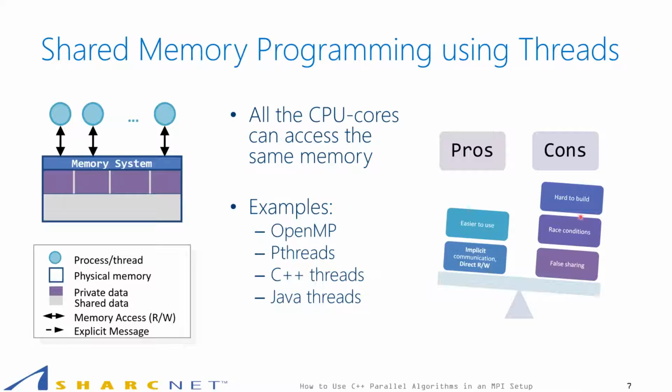For example, these architectures are hard to build from the hardware point of view. So you can't make such a shared memory model computer in your home. They must be built in a factory, a CPU factory. And there would also be race conditions, and one of the most important things that prevents this approach from getting the best performance is the concept of false sharing.